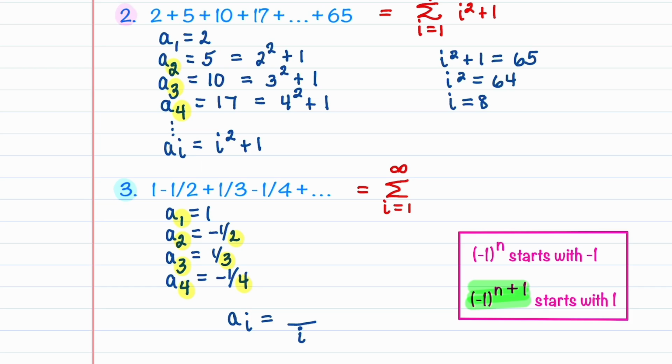You could also use n minus 1, but I think it's easier to use n plus 1. So a sub I is going to be minus 1 to the n plus 1, all divided by I. Now all we have to do is go up and put that in our summation. So we have the sum, I goes from 1 to infinity, of minus 1 to the n plus 1, all divided by I. And that's it.